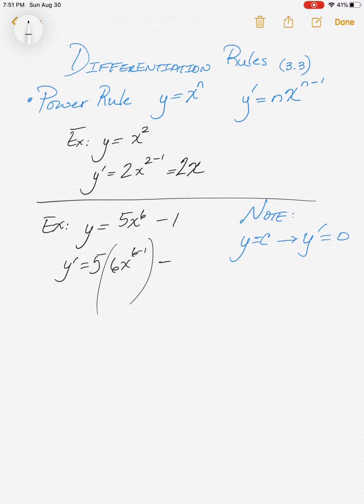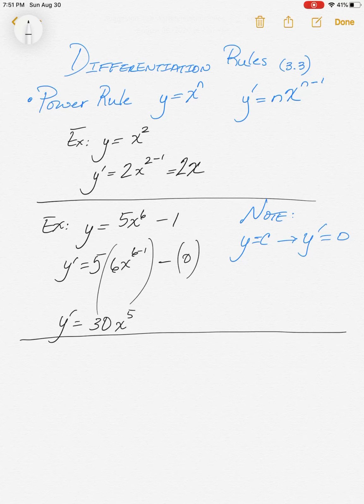Close off that parenthesis. Now we go over to that constant, and that constant goes straight to 0. Now what do we have left? y prime equals 5 times 6 is 30, and that's x to the 5th. Keep it rolling.